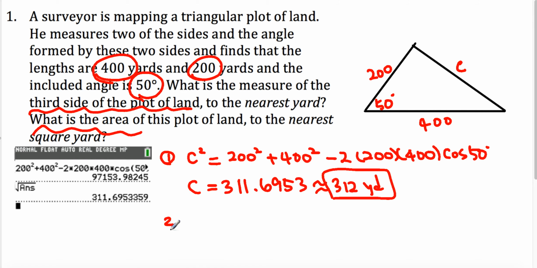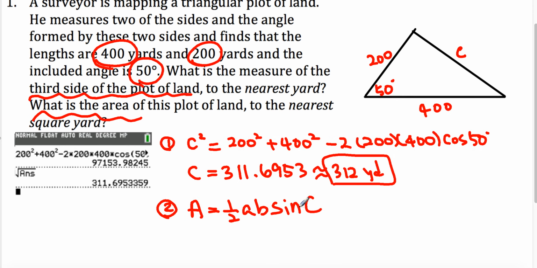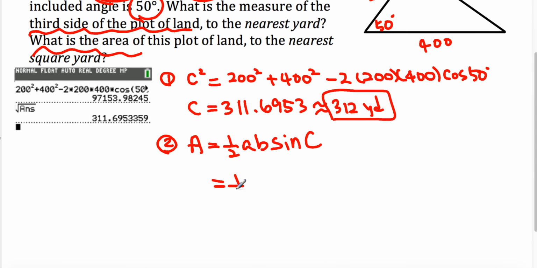All right, let's go for the second one. They want us to find the area. How do you find the area? That's equal to 1/2 AB sine of C. So we'll end up getting 1/2 times 200 times 400 times sine of 50 degrees.